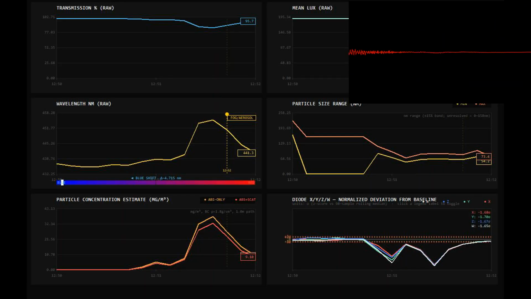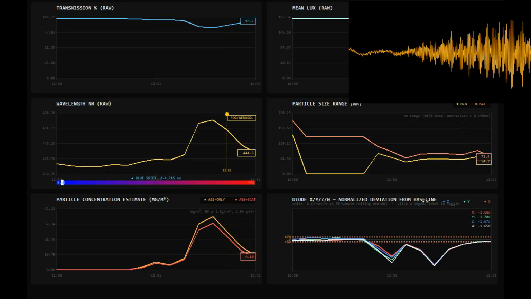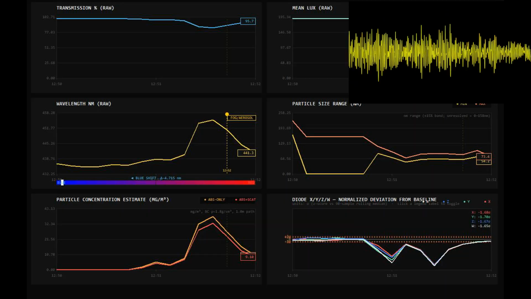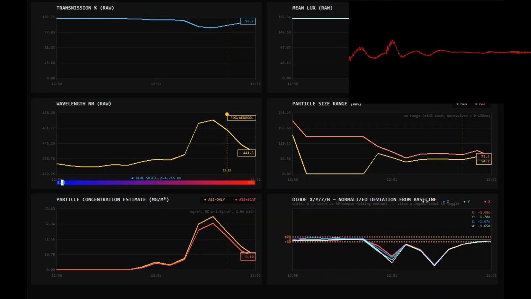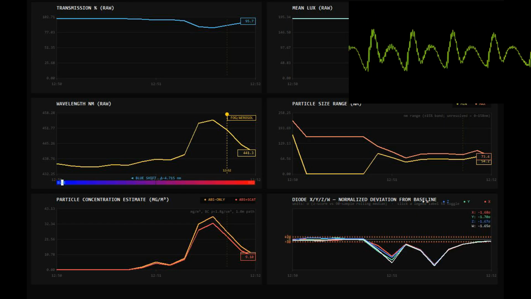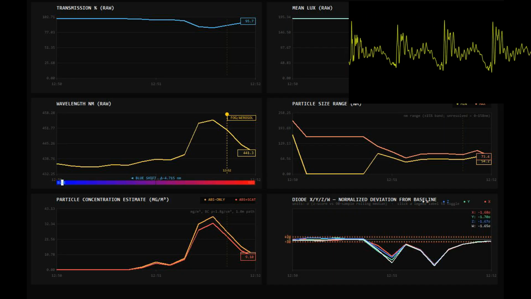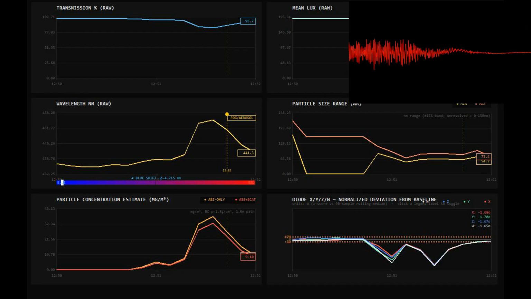We've got definite transmission deflection, so it dropped 0.5% or so, and we've got a reduction in our mean light reaching the sensor. We've got a big change in our wavelength, and we're tracking particle size range in the 73 range right at the end of the chart there. And we have a concentration that is hitting, let's say, 20 units per cubic meter.